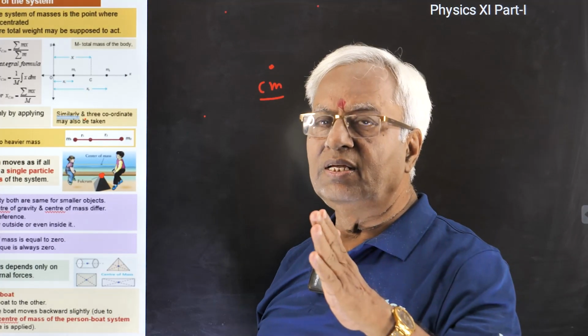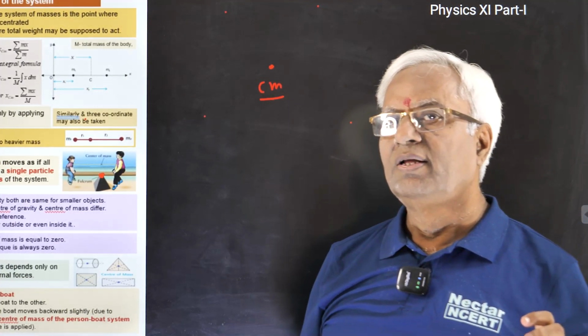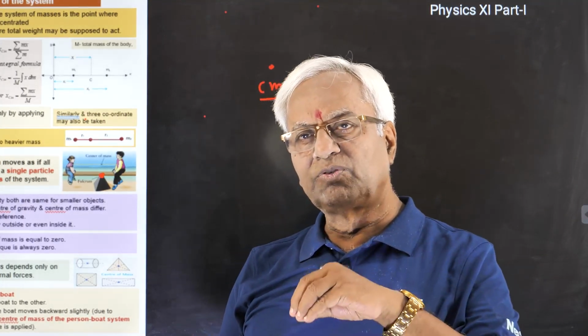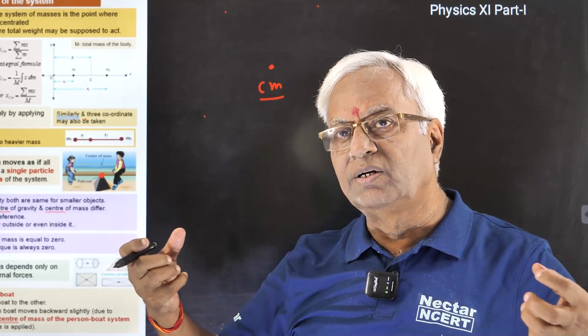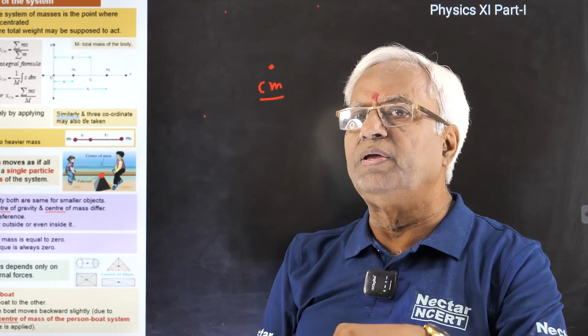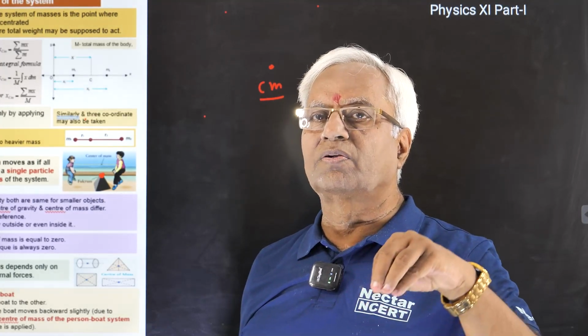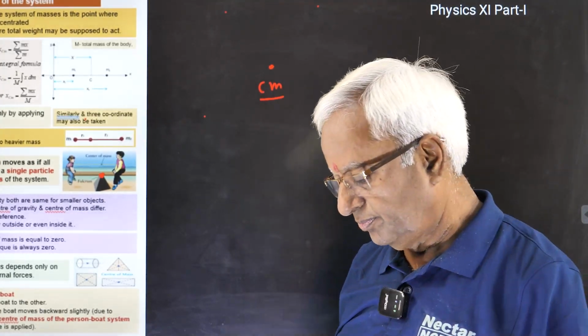And at CG, the gravitational torque will be equal to 0. That means if at the CG, you try to find out the moment of all the weights, the total will be equal to 0. In short, we say that gravitational torque will be equal to 0.